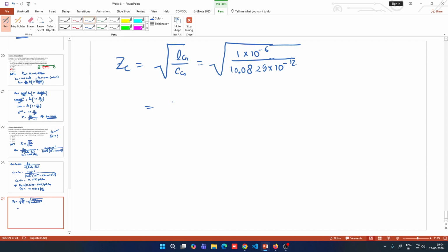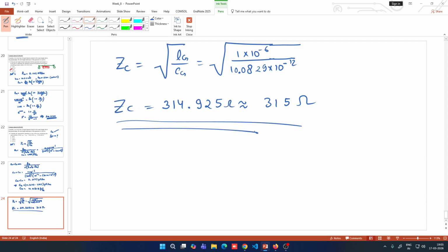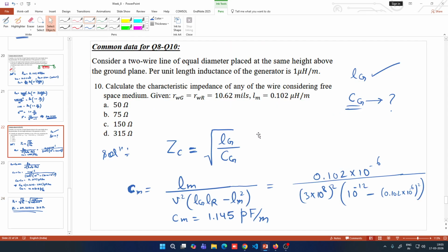When we solve it, this comes out to be 314.925, which is approximately 315 ohms. So this is the characteristic impedance. If we match it with the given options, the correct option is option D, 315 ohms. So I hope question 10 is clear.